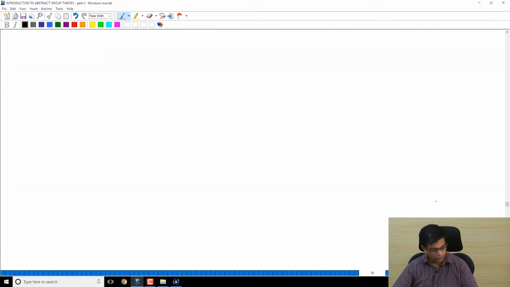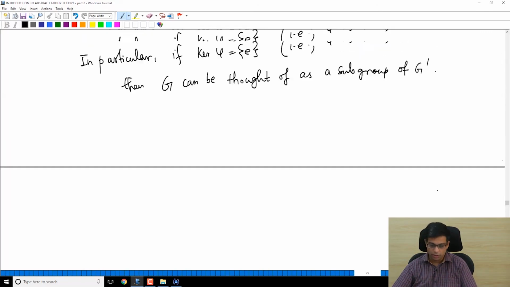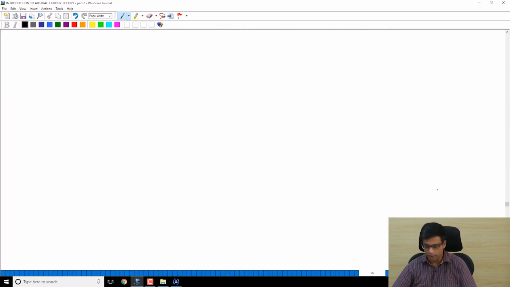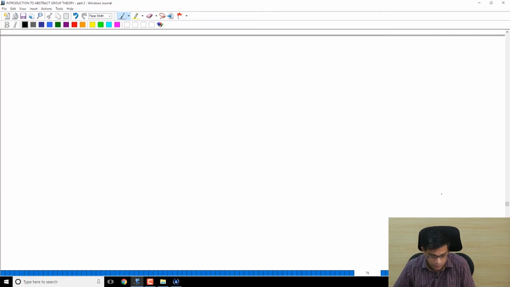Okay, so now that we have looked at various examples and a remark about the first isomorphism theorem, let's go ahead and do the remaining two isomorphism theorems.